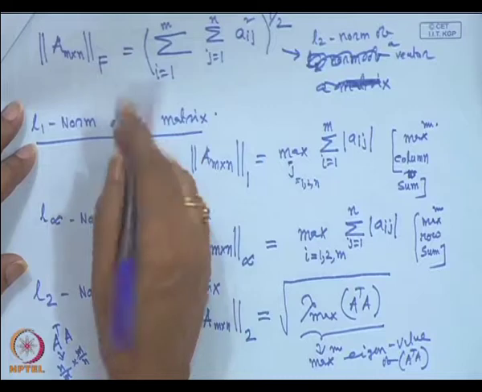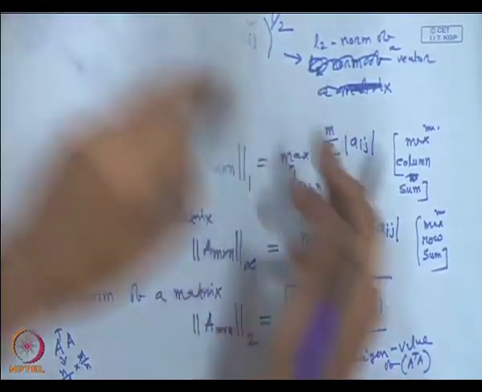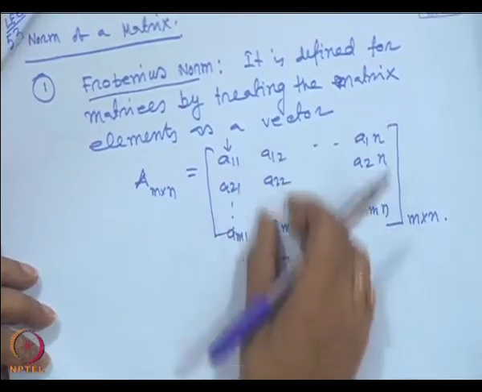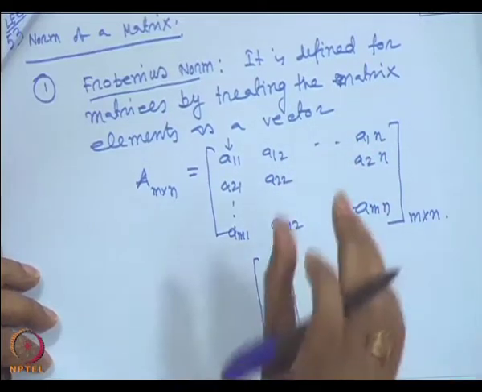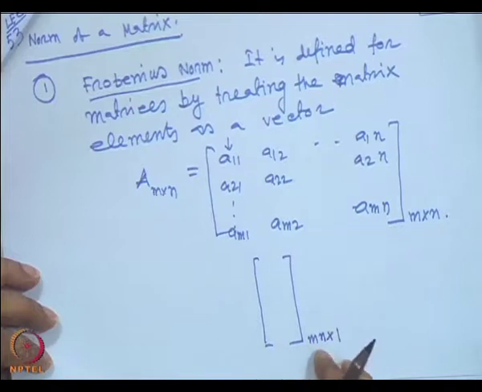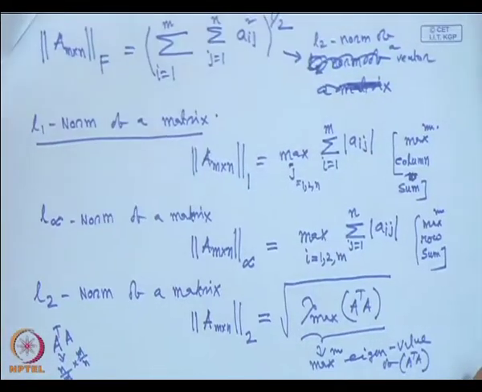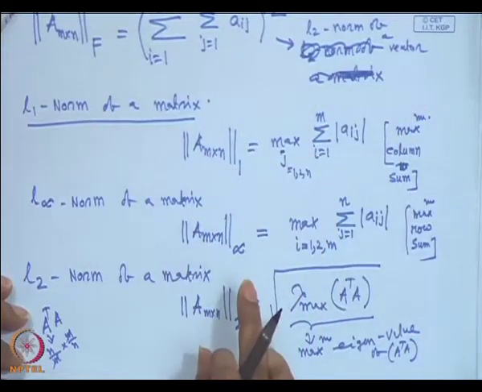That means, take this column, then put below it the next column, and below that the next column, and so on. Whatever vector you get, that vector will be of dimension m into n into 1, and its norm 2 is called the Frobenius norm of the matrix.